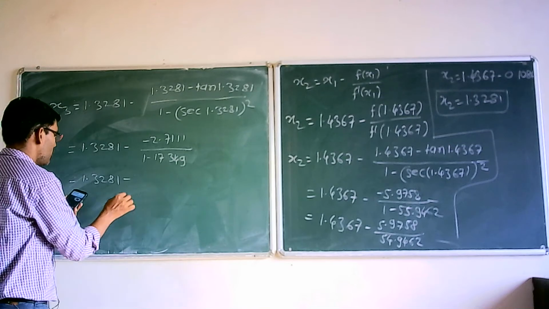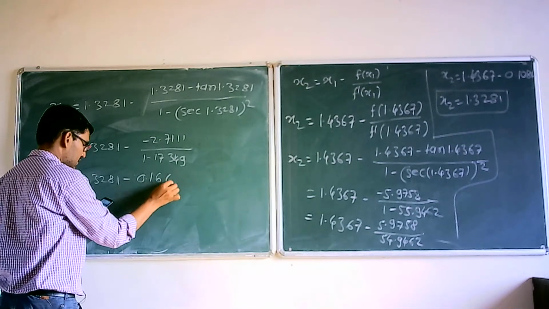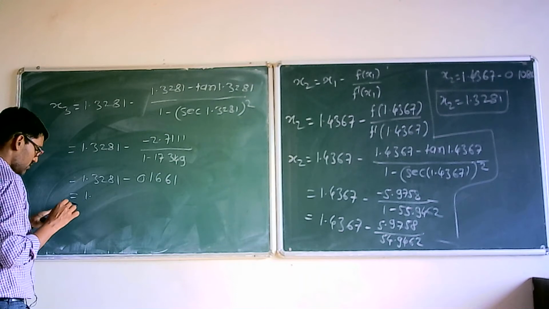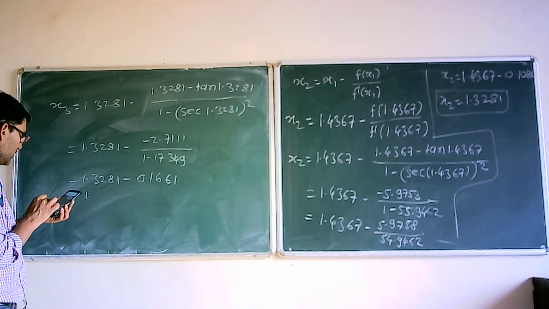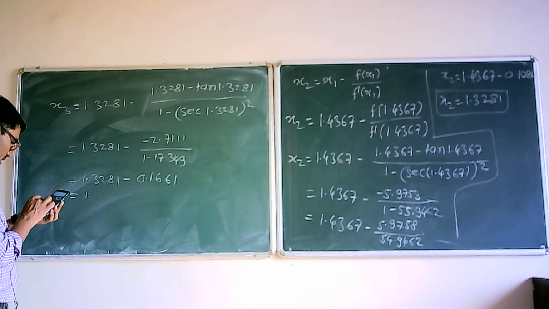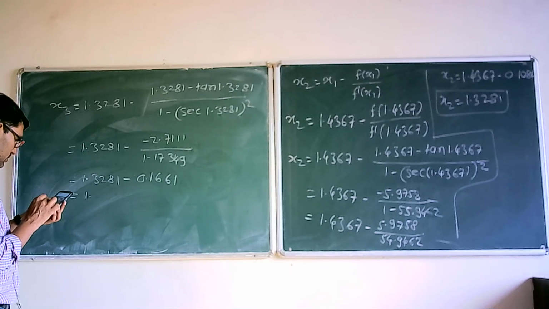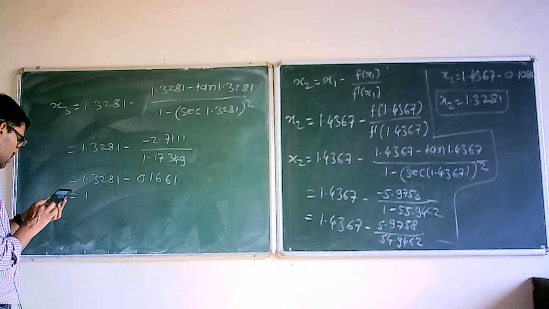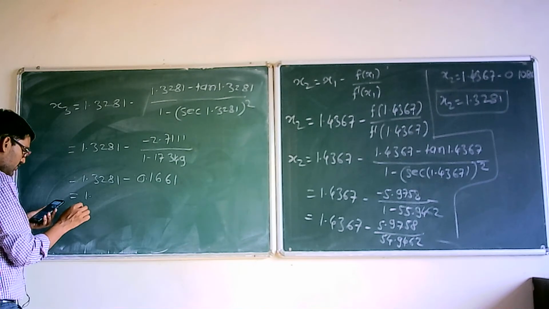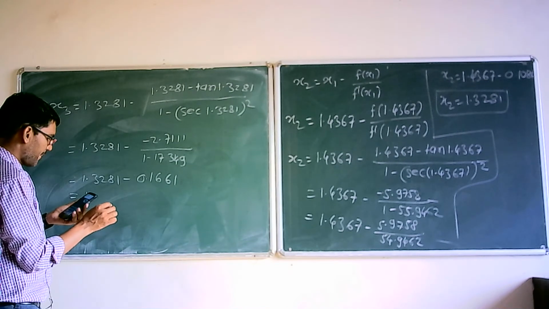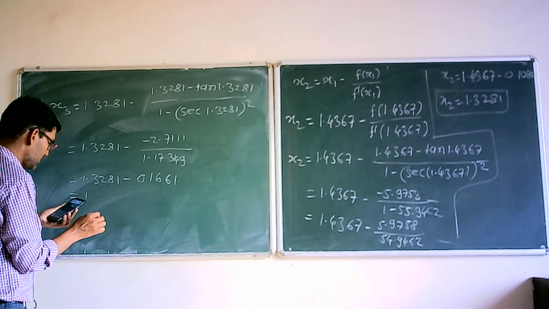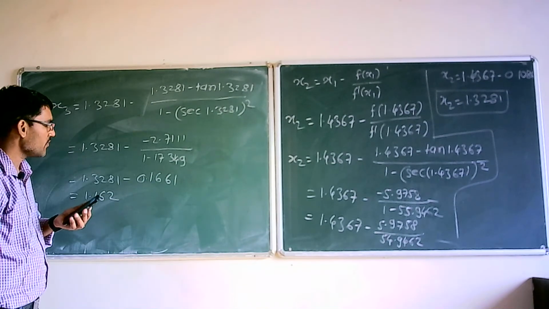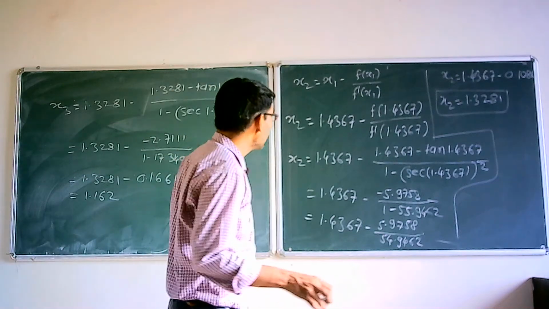Dividing, we get 0.1661. So x3 is 1.3281 minus 0.1661, which is 1.162.